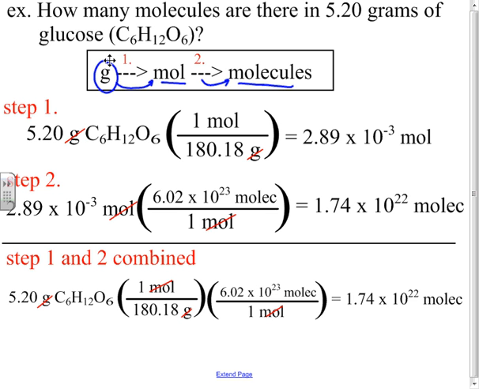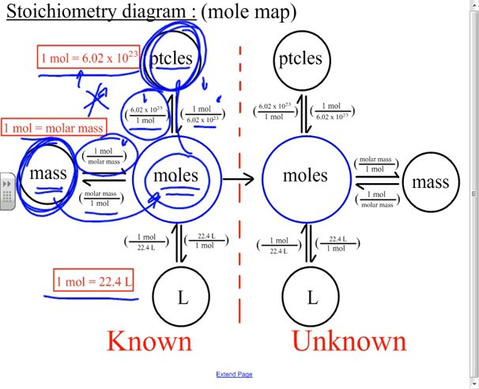Showing it stepwise, if I take the 5.20 grams and I want to convert to moles, I want 1 mole on top, the molar mass from the periodic table of glucose on the bottom. So I divide by the molar mass to get the number of moles. Once I know the number of moles, I can multiply it by Avogadro's number to get the number of molecules. So I've gone from mass to moles to particles.